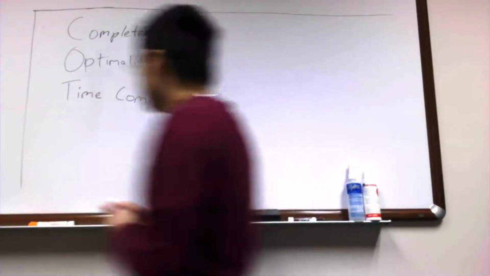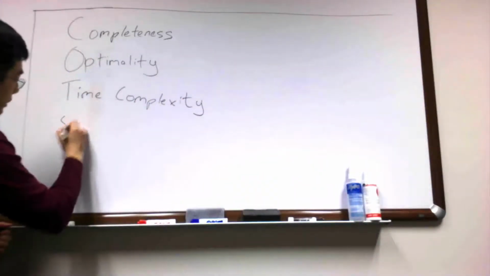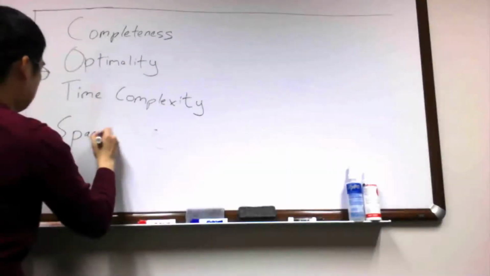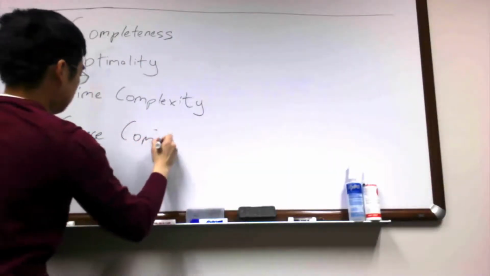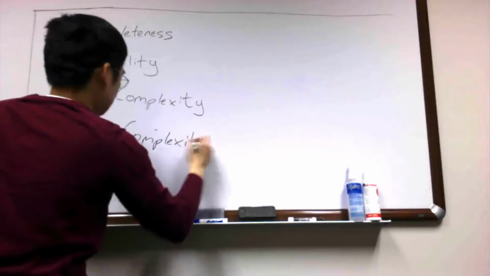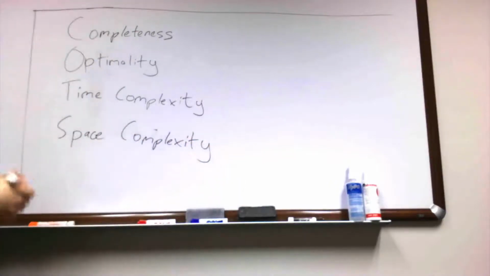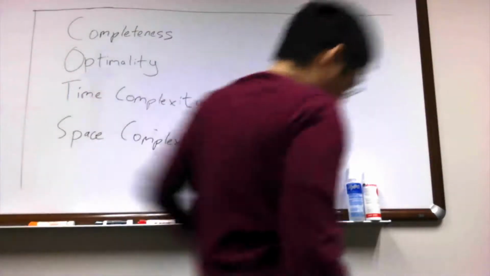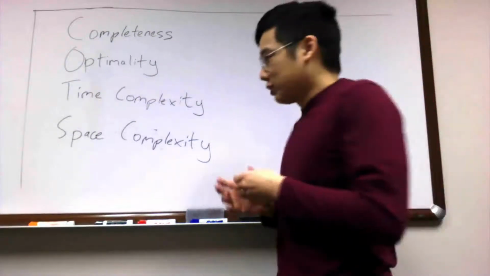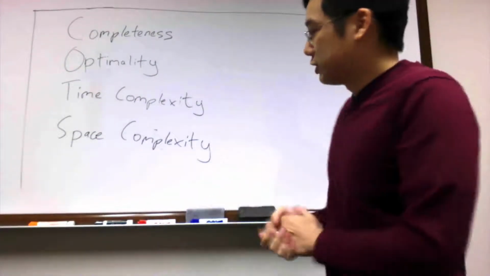Okay, and then the last piece we're going to consider is space complexity. All right, so space complexity is, again, something we probably have looked at a little bit in basic computer science or algorithms.